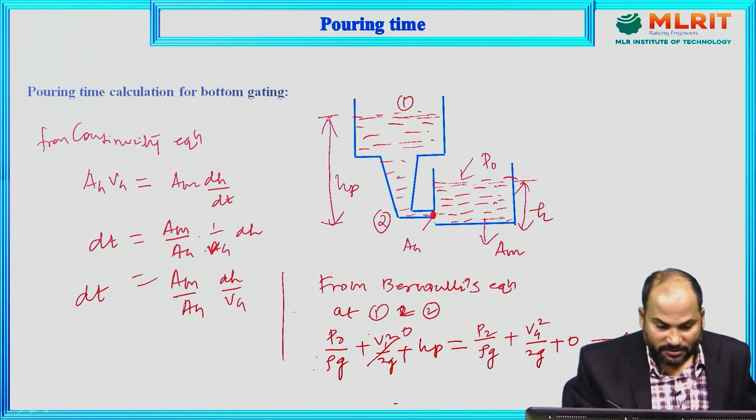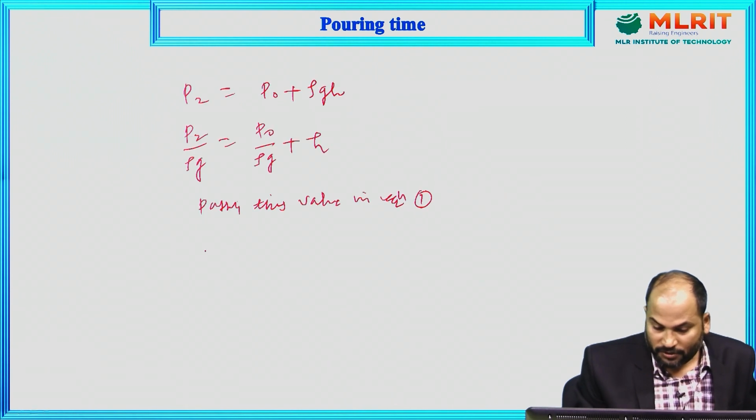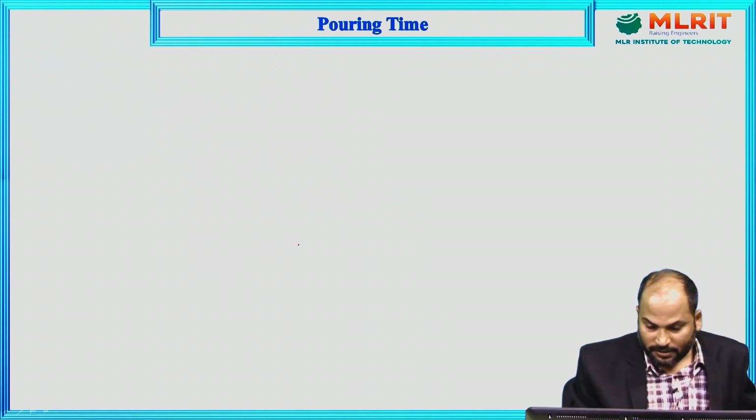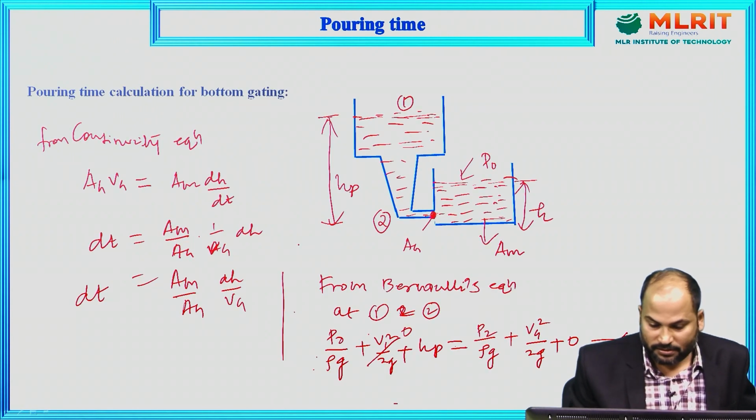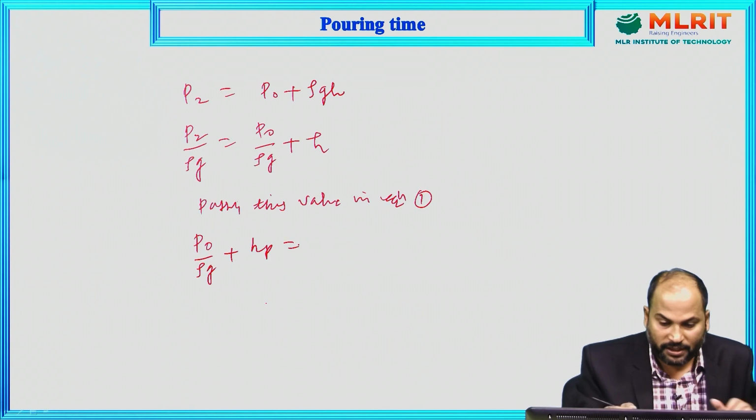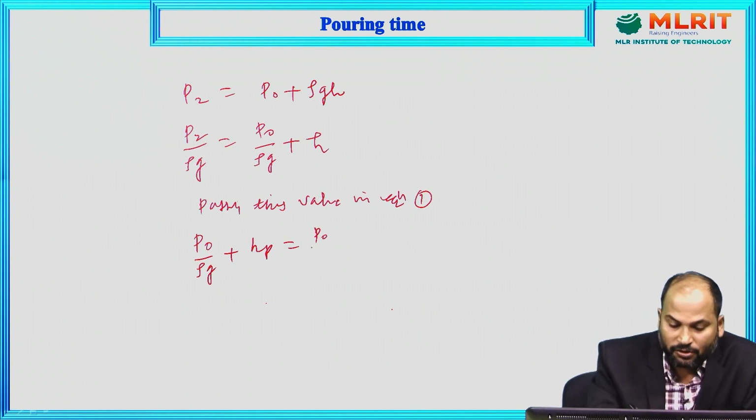This expression is P naught upon rho g plus Hp, P naught upon rho g plus Hp is equal to P2 upon rho g, and for P2 we can write P naught upon rho g plus H plus Vg square upon twice g.